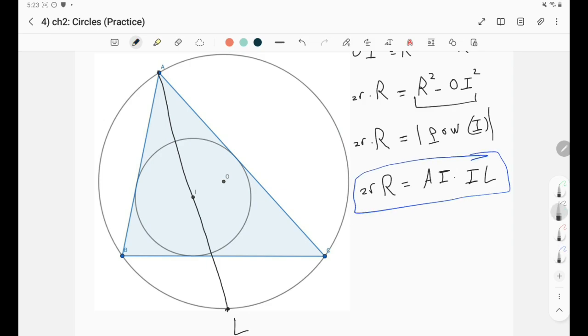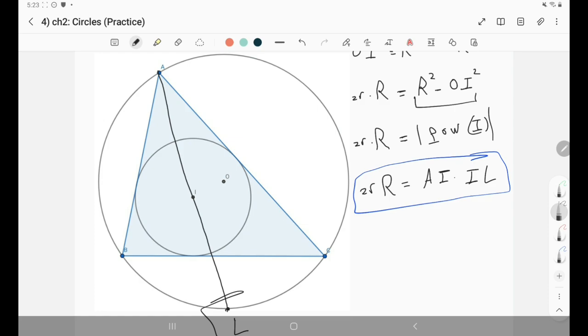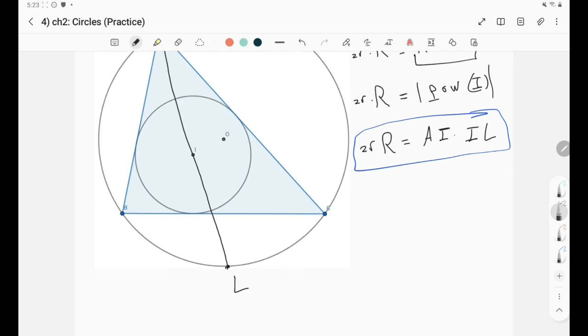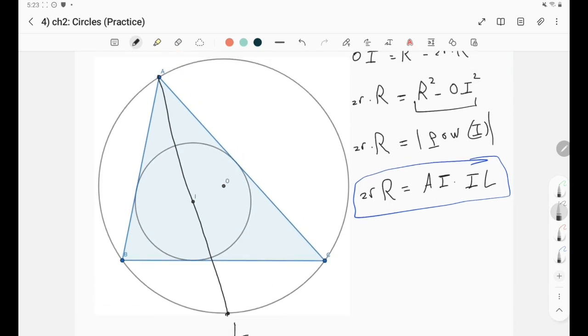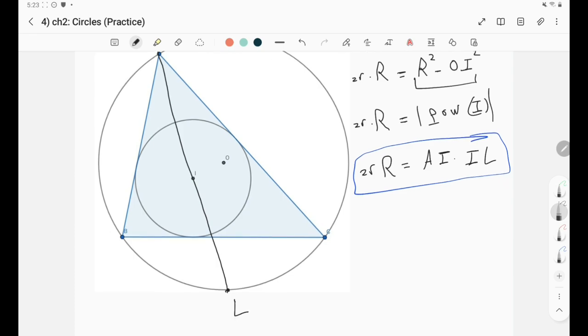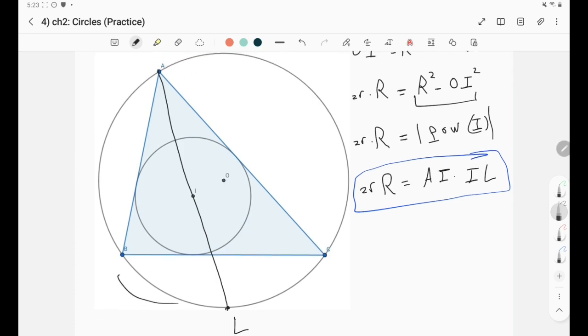Okay, now this thing is way more approachable, as you can see. In fact, right now you should have observed something. If you didn't, then you haven't watched the first lesson, which is about the first chapter. Because this point L, we already really love this point. In fact, we called it the golden point, if you remember, back then. This point L is just the midpoint of the arc BC, right?